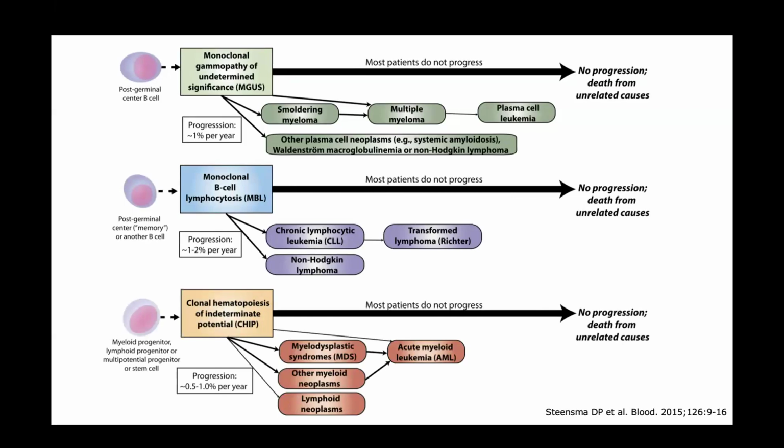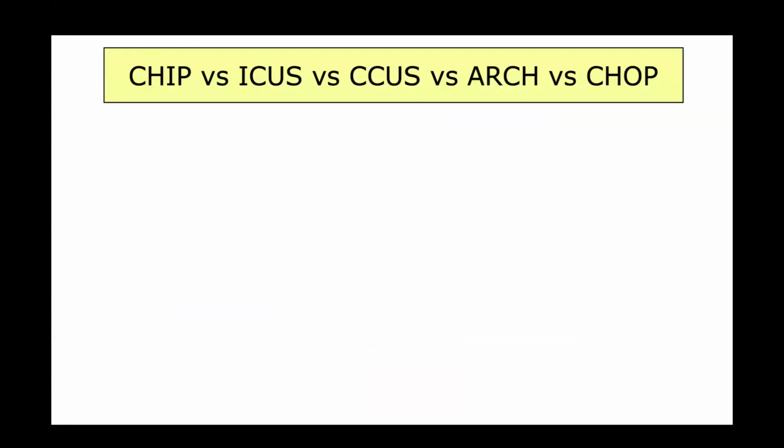And a similar pattern has been proposed for CHIP, in which the progression rate, as I mentioned, is roughly 0.5 to 1% a year, no progression in most patients, and death from unrelated causes. That is not the case, however. In fact, it's been shown more subsequent to this initial paper that CHIP is in fact associated with death not from hematopoietic causes, but from other causes related to the presence of clonality.